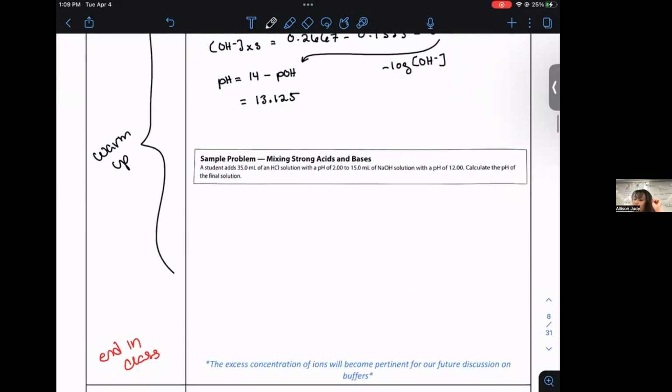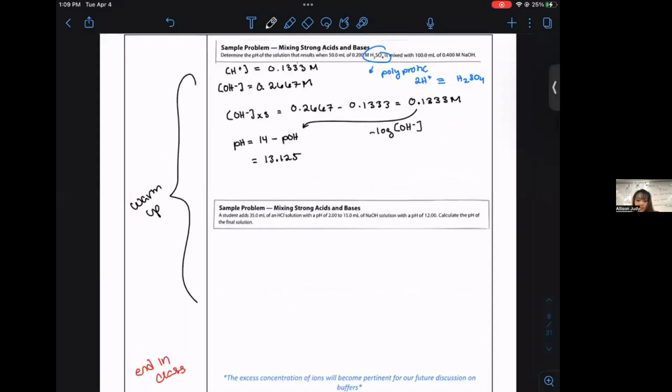All right. So for the next problem, this one, you had to work backwards. You were given the pH. So from pH, you can find the concentration of H plus by doing 10 to the negative pH. And that would have given you 0.010 molarity.